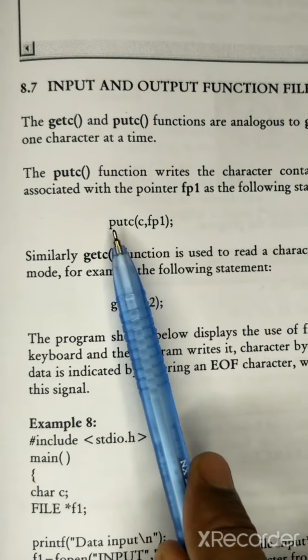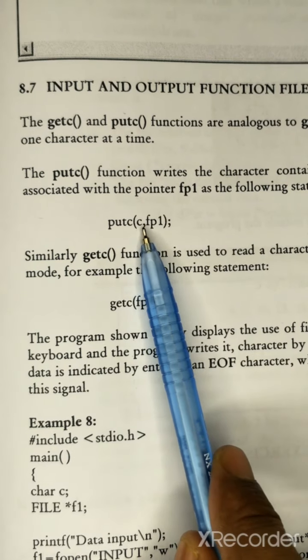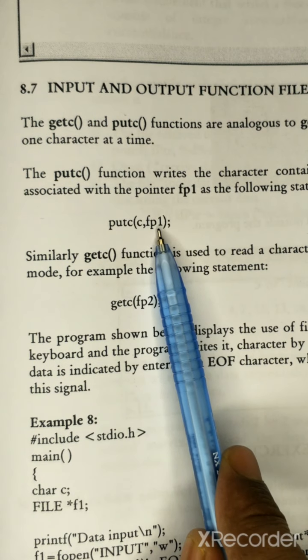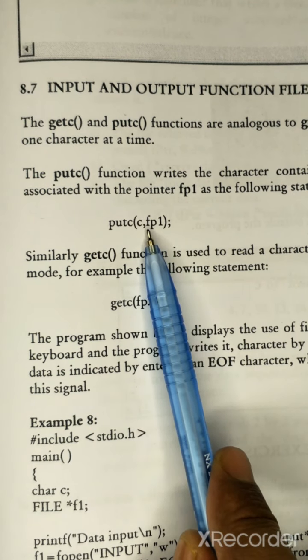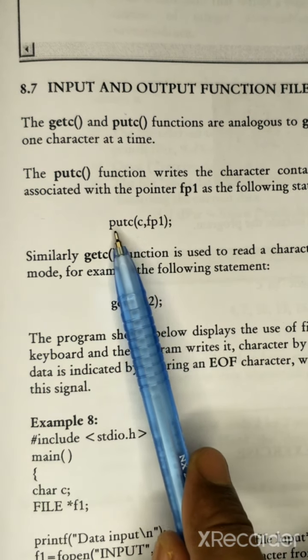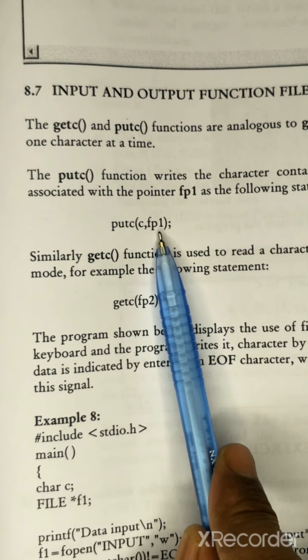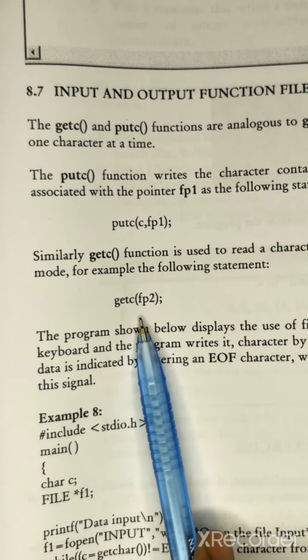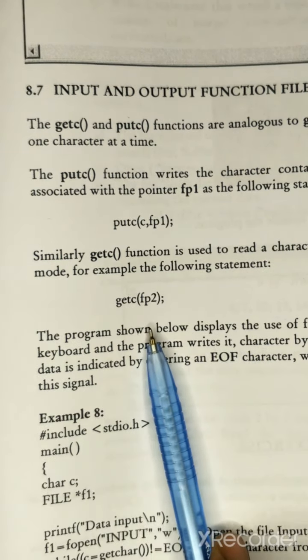For example, if you want to put the character c into the file with pointer fp1, this is the way we put it in. And for getc, that's the syntax that we need.